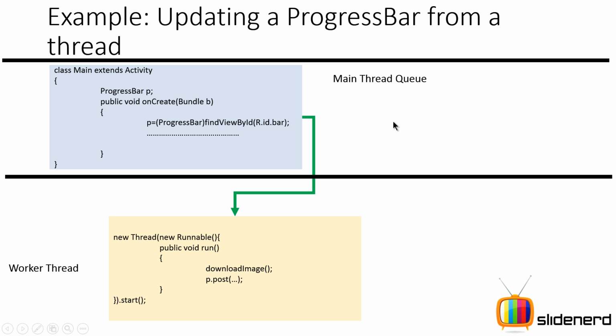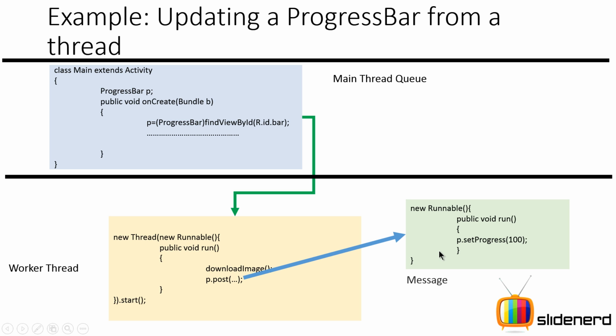Now this is the main thread's queue over here. So when I say p.post, I want to, let's say, update the progress bar value. So I call progressBar.post, and this is going to take a runnable object inside which I will set the progress. Like I said, this runnable object is simply a message posted on the main thread queue.